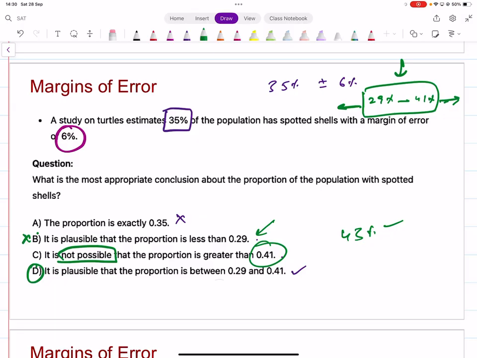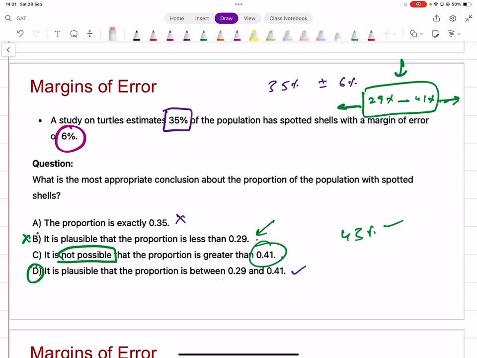Does that make sense? So using a sample, you can just say that it's likely that the actual result is going to be within this range. But even though the probability of going outside that interval is low, there still might be a 1% chance or a 0.5% chance or a 0.1% chance that the actual proportion is beyond this.